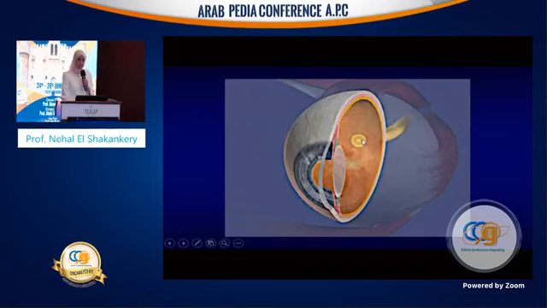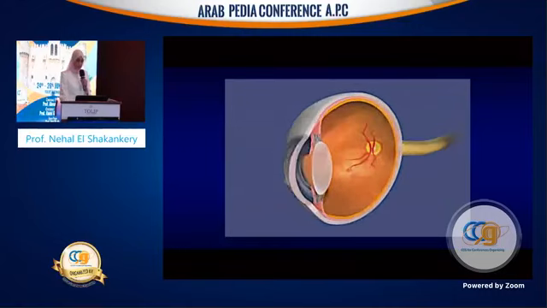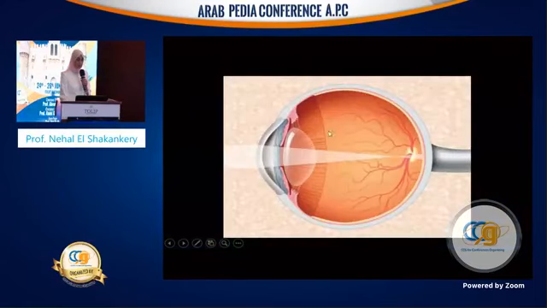It starts at the level of the optic nerve, where the stump of the blood vessels appears. It goes upward and downward, and then the retinal vessels go more anteriorly until they reach the ora serrata. So all the retina is vascularized.